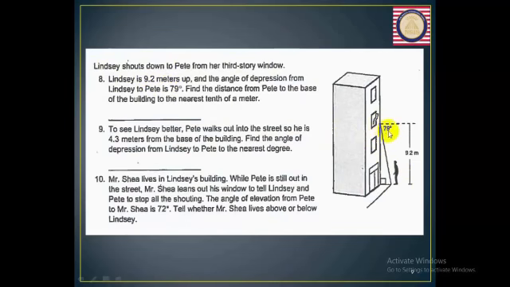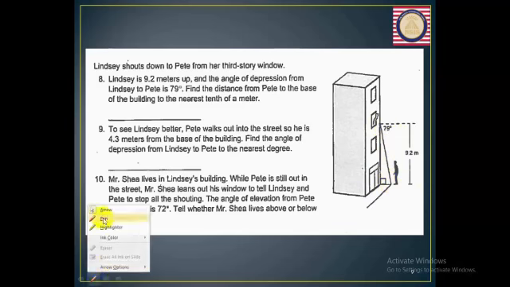Can you tell me? Angle of depression. Very good. So this equals the horizontal line. This is 79. So what's this angle? It's the angle of elevation, 79 also.